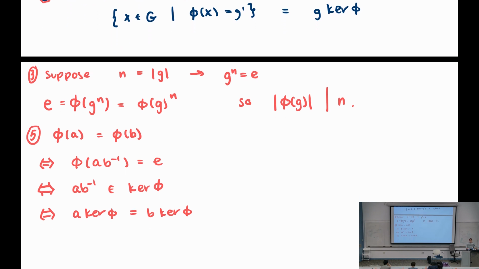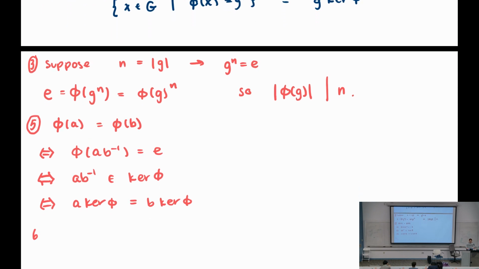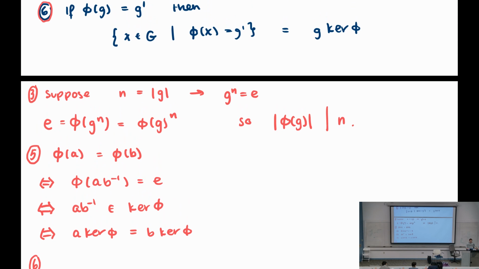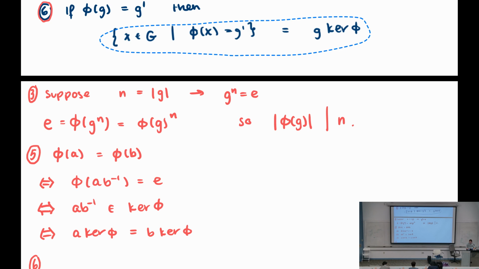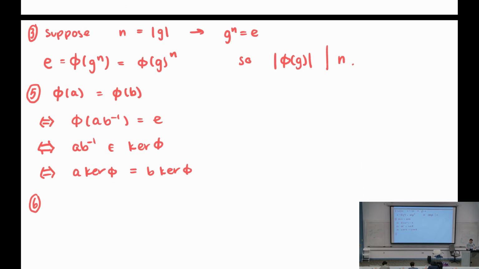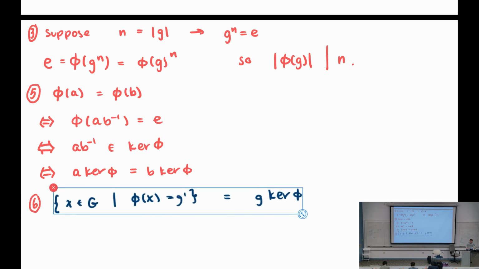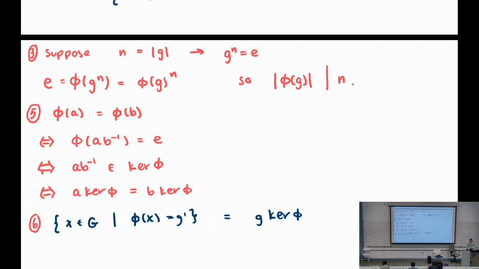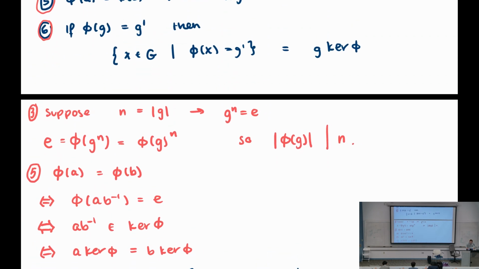Okay, so then for 6, I had to prove both directions of this equality, so let me pull this up so that we have the statement. And we have that phi of g is equal to g prime.